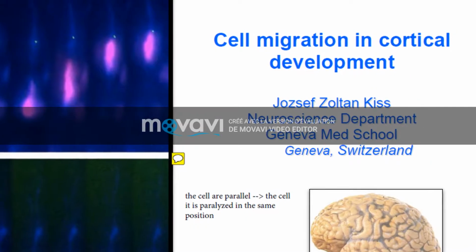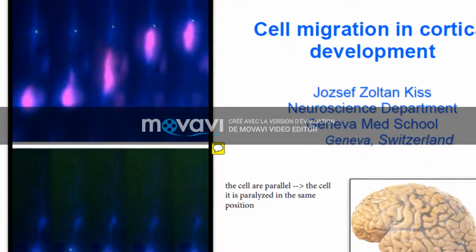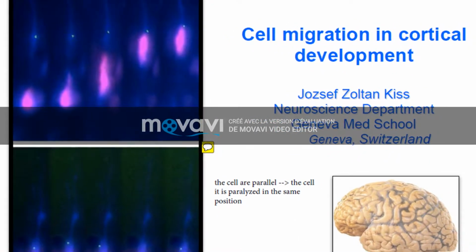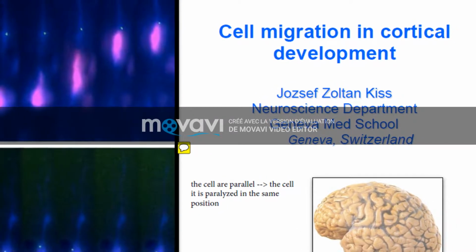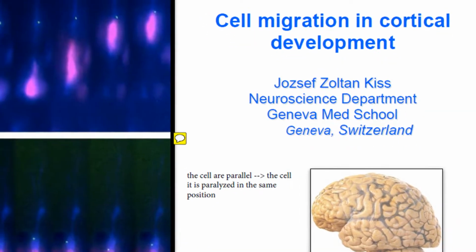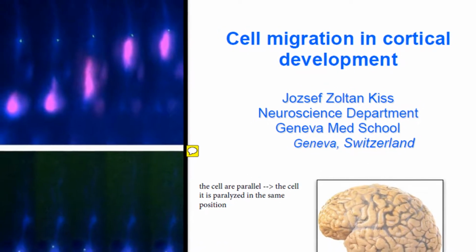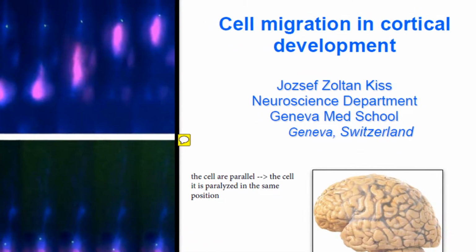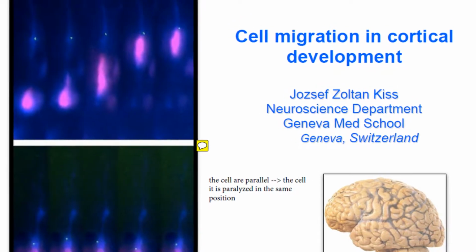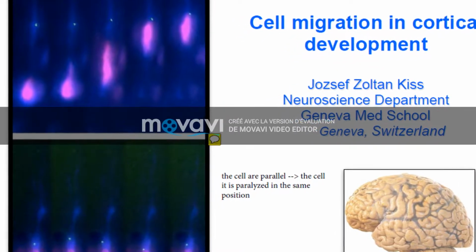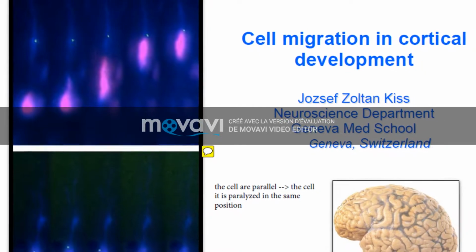Now people were really eager to understand why we have this expansion of the surface. So they made mutant mice in which they overexpressed beta-catenin. It doesn't matter for you, really. Beta-catenin is the main player of Wnt signaling.